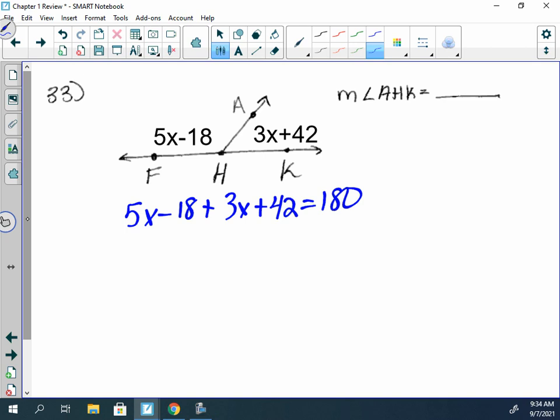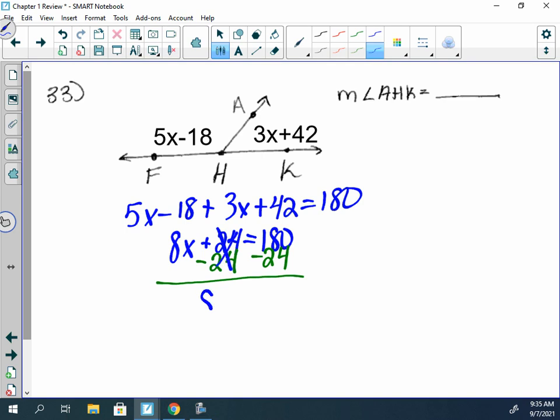Combine like terms. 5x plus 3x is? Negative 18 plus 42 is plus? If you have issues with negatives, go on and just type it in.